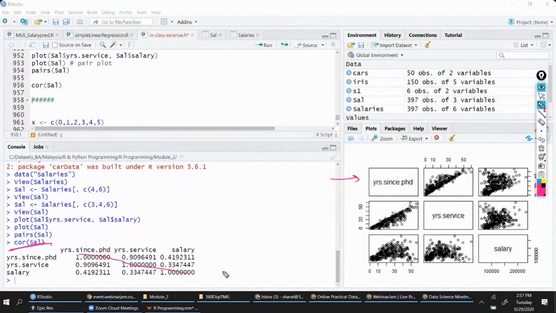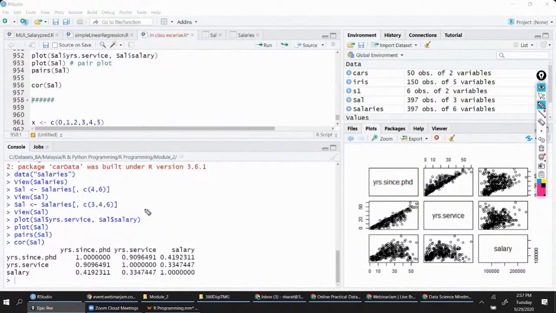The diagonal value will be 1. Why is the diagonal 1 here? Because it is calculating the correlation between itself. Hence the diagonal is equal to 1.